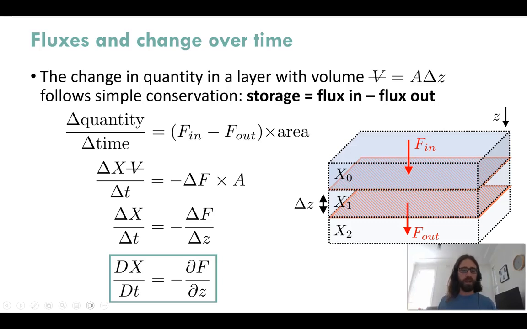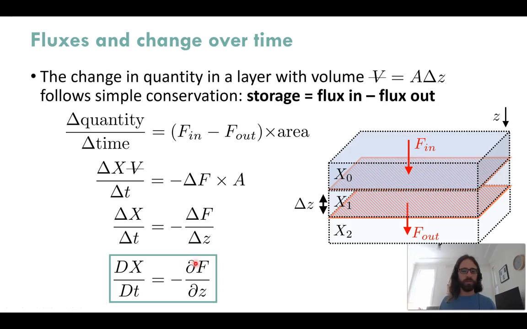So we have a change in X over time is equal to how the flux is changing over the depth. So the amount of the quantity that's being stored at a given position is going to be related to how the flux in is different from the flux coming out. So this equation here is simply a mathematical representation of this conservation equation that I'm showing here at the top.